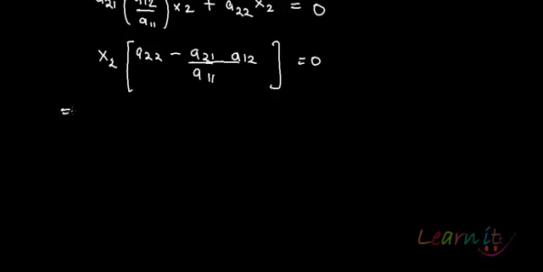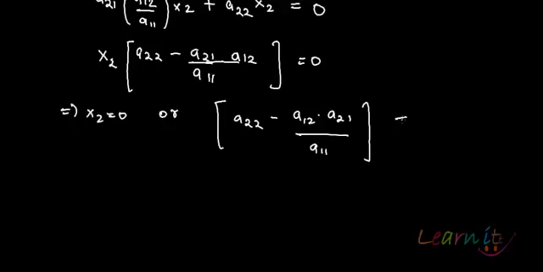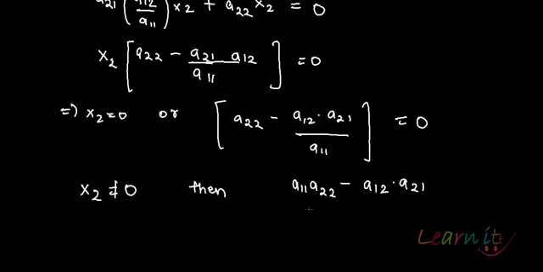This will imply that either x2 equals 0 or this bracket equals 0. This bracket essentially is A22 minus A12 into A21 whole upon A11, which equals 0. Now x2 cannot be equal to 0, so A11 A22 minus A12 A21 upon A11 equals 0.